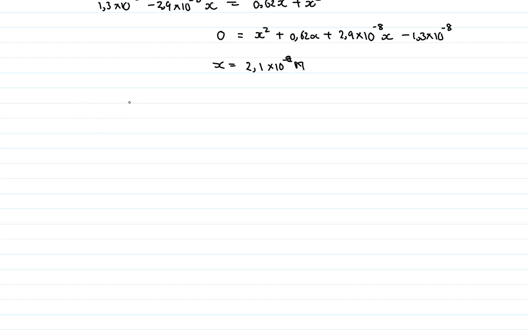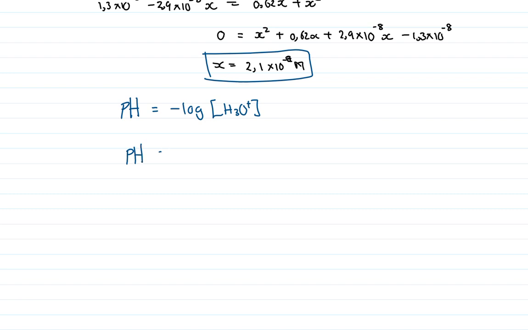So we're going to say the pH is equal to negative log of the concentration of the hydronium ion. So pH is equal to negative log of 2.1 multiplied by 10 to the power of negative 8. So I'm just going to put that into my calculator, and we get a pH of 7.68.